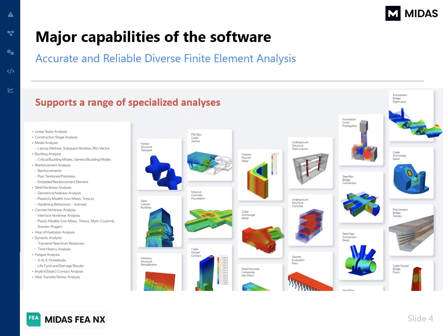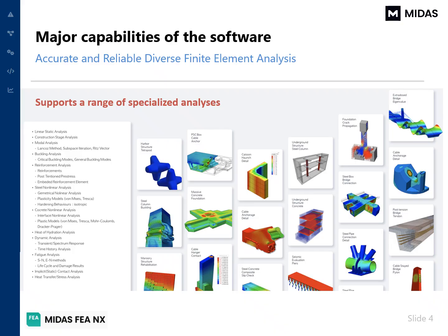Let us look at the major capabilities of the software. It is an accurate and reliable, diverse finite element analysis software. It also supports a wide range of specialized analysis, including nonlinear analysis using innovative modeling techniques and practical analysis functions to be applied effectively in real-world scenarios. It also includes various analysis capabilities such as linear analysis, construction stage analysis, modal analysis, and buckling analysis.